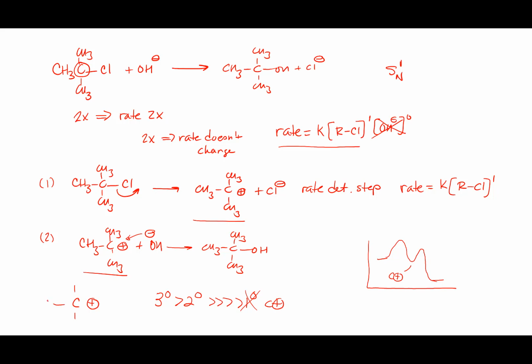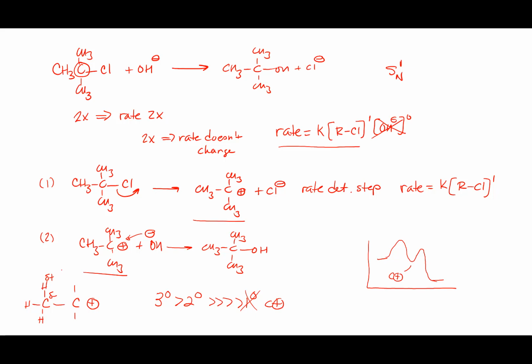So every time I put a carbon on that carbocation, remember the carbon is slightly more electronegative than each of the hydrogens. So every carbon of an alkyl group has a slightly negative charge, meaning it has some electron density.